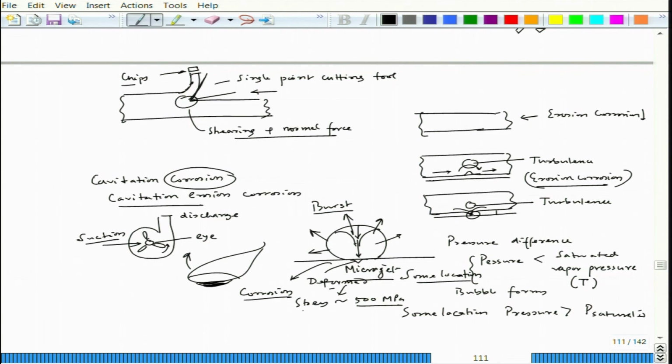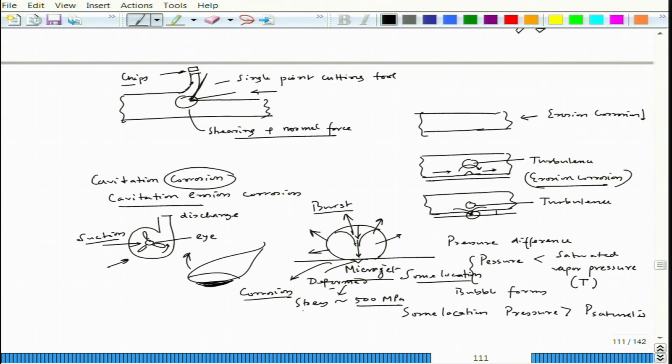Now, that bubble forms and collapses due to this change in pressure within this rotating system or in the fluid. So, that actually creates a huge amount of dents, deformation, and pits on the low pressure side of a moving object in the fluid.